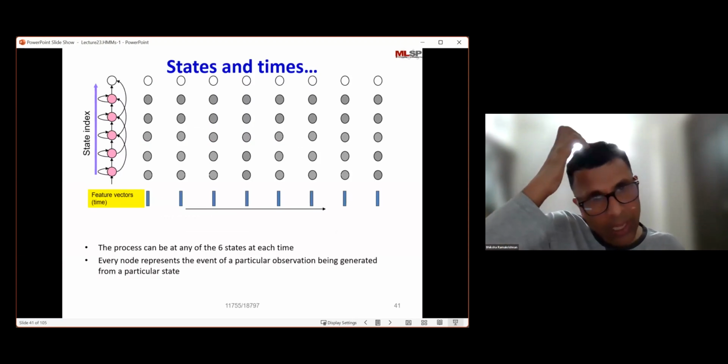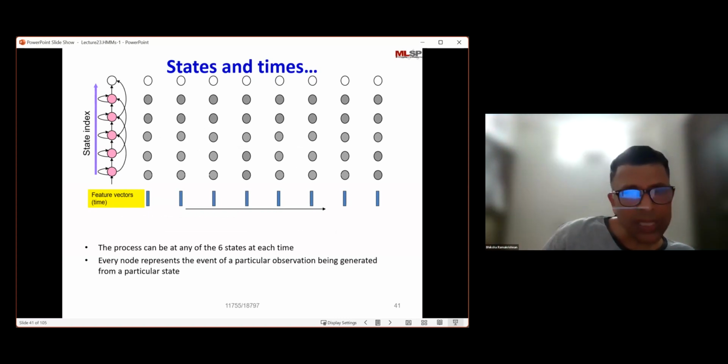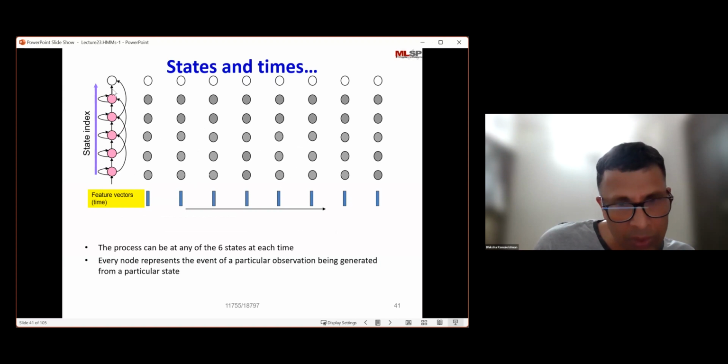So here's how the process looks. The process now has 6 possible states for the underlying Markov chain, so at any time it could be in any of these 6 states. I can draw this grid over here, and each of these circles represents the event that the process is in a specific state at a specific time.